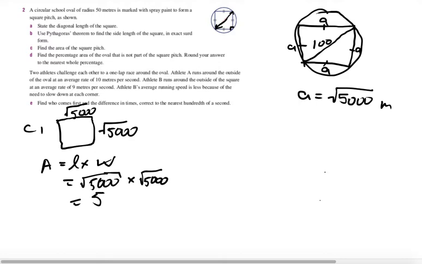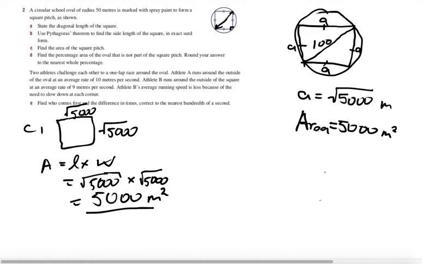Put that in a calculator, you don't even need to, equals 5,000 meters squared. So that is our area. Area equals 5,000 meters squared. I'm just going to erase the working out for part C so I've got some space.